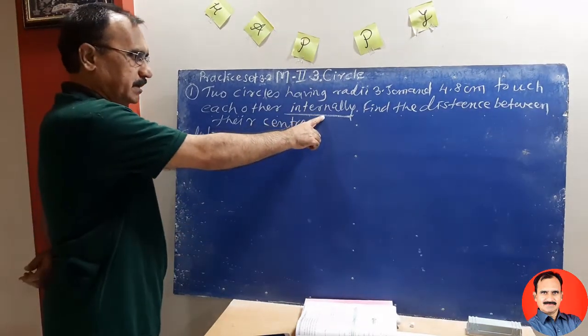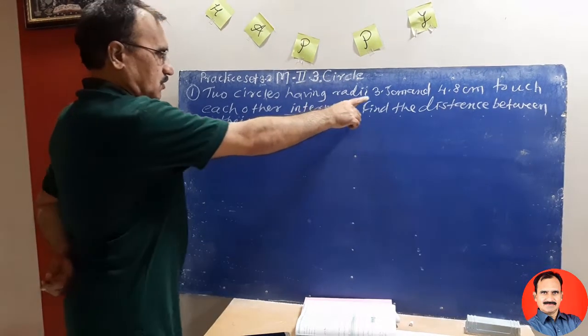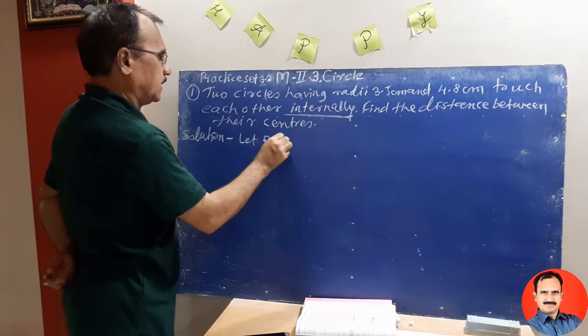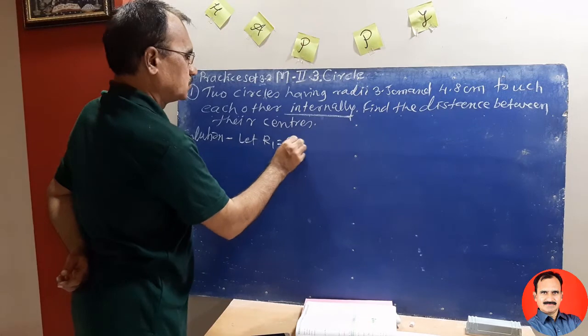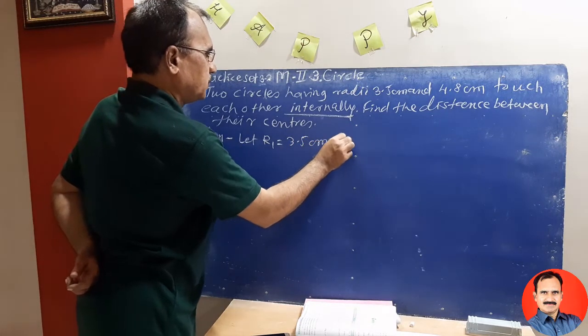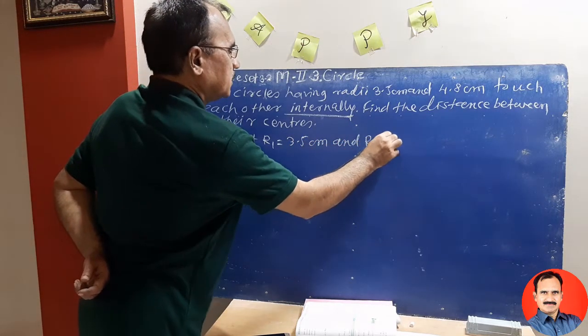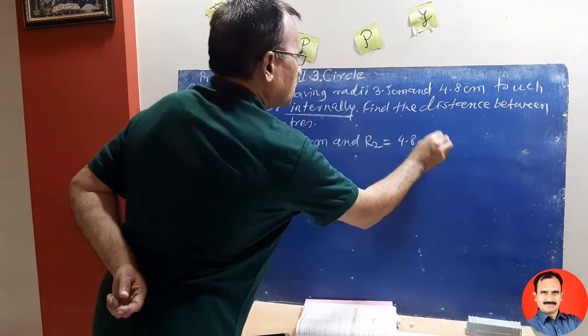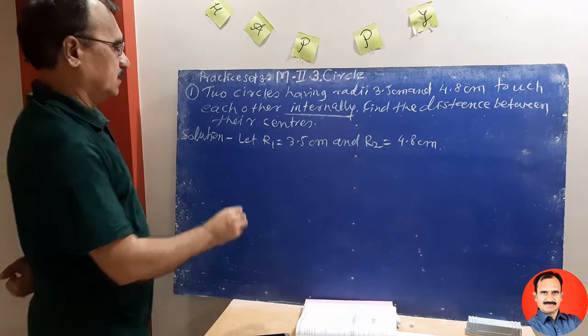Circles are internally touching. Let the radius of the first circle, R1, be 3.5 cm and R2 be 4.8 cm.